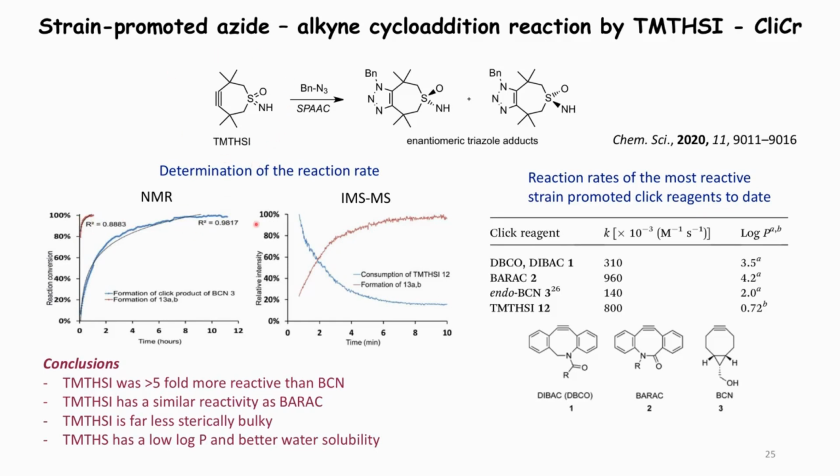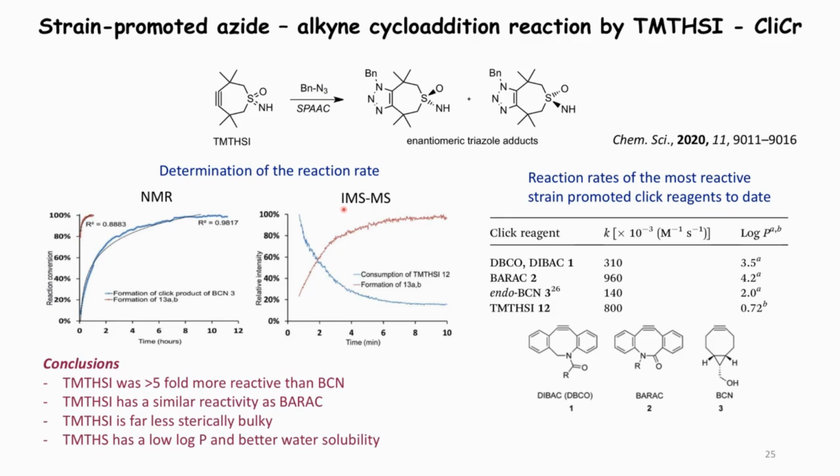So we could not determine the reactivity by NMR. We just let it react with benzyl azide in the strain-promoted azide alkyne cycloaddition, and we get, of course, the enantiomeric mixture, and the reaction rate could not be determined. But fortunately, we had other colleagues at Maastricht University.